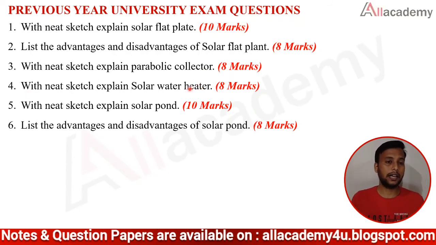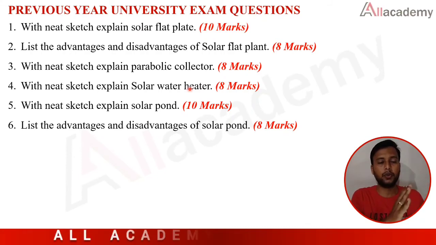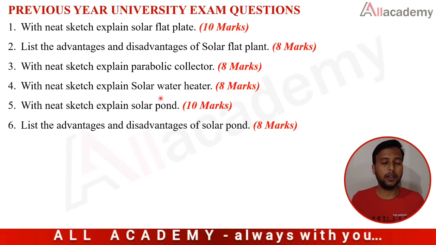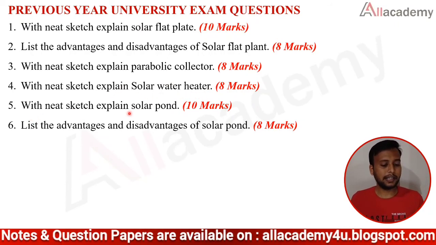Please note that for the solar flat plate collector, you need to explain the principle. If a solar water heater is asked, you need to draw the figure, tube arrangements, water storage, and explain the process of the solar water heater. Now, with a neat sketch, explain the solar pond, which we have already discussed.